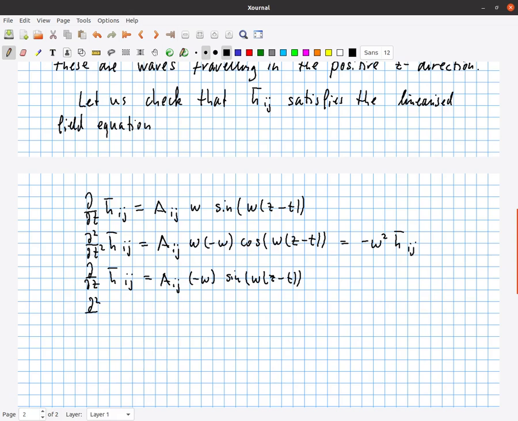Differentiate once more. A ij. This time we get just an omega out, cosine omega z minus t. And we get again minus omega squared h bar ij.